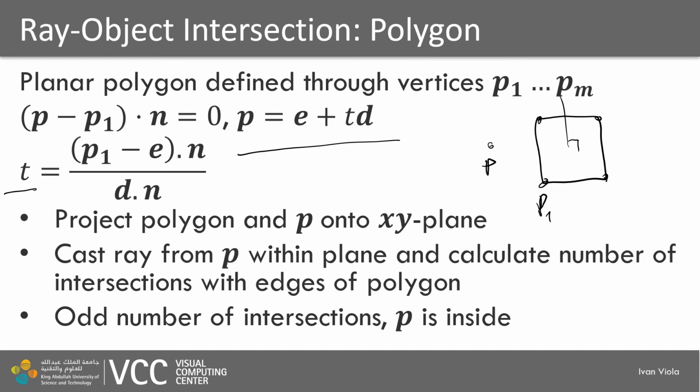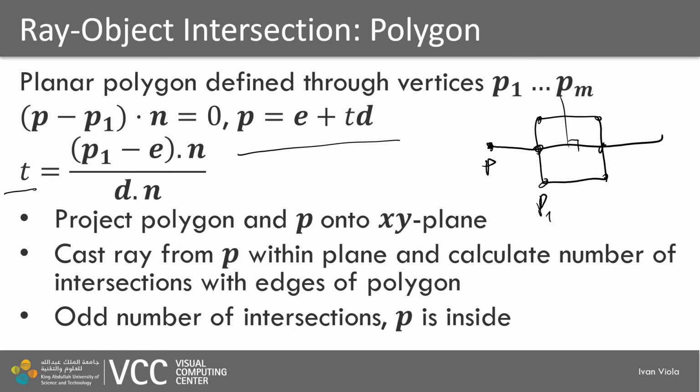If we now cast a random ray which goes through our polygon, let's say something like this, then if our point is inside, which is not the case here, the number of intersections in one direction will be odd.